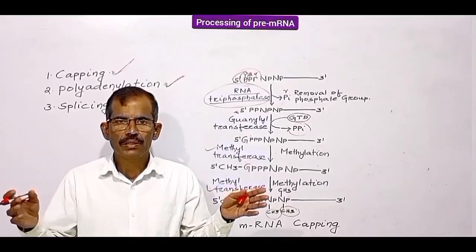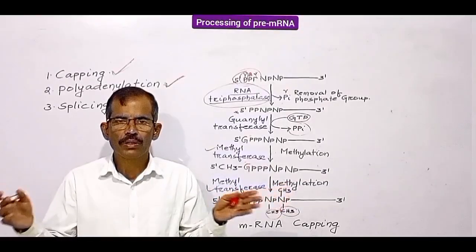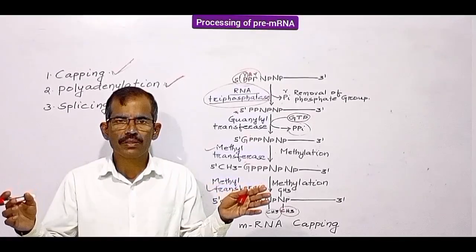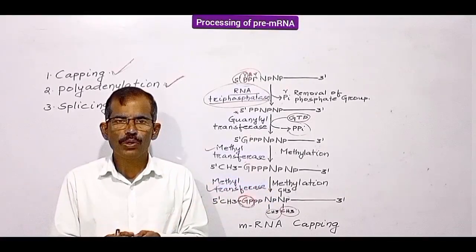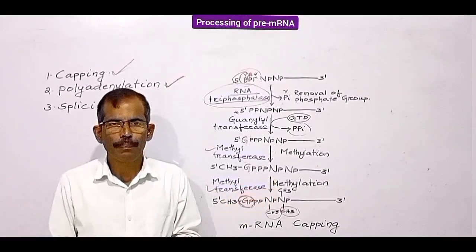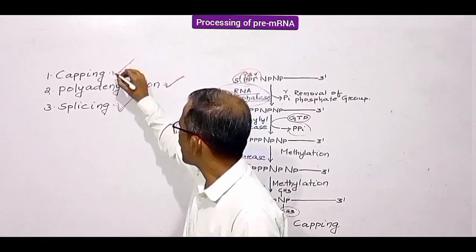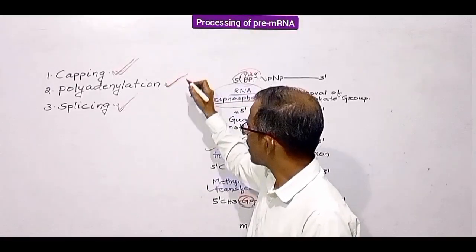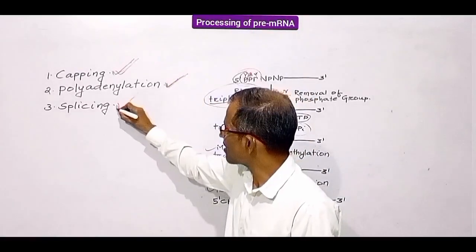In our discussion, we will focus on 3 important post-transcriptional modifications that the eukaryotic pre-mRNA undergoes during processing. The first one is capping, the second one is polyadenylation, and the third one is splicing.